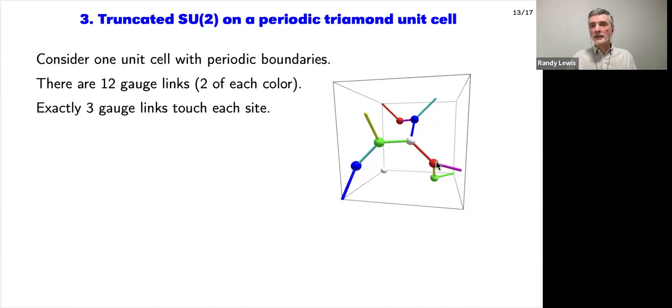Notice, for example, here's a magenta link coming and arriving at the wall, but we have periodic boundaries in all directions. So this magenta link is coming over here and touching this blue site. So at this blue site, there are 3 links, they're in a plane, and they're 120 degrees apart. This always happens. So this will be our periodic lattice, just 1 cell, 12 gauge links.